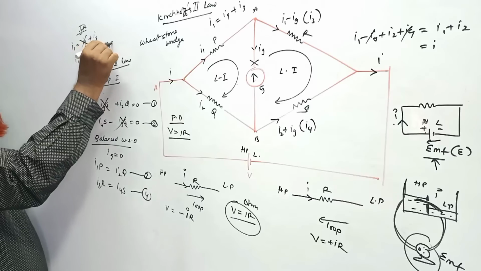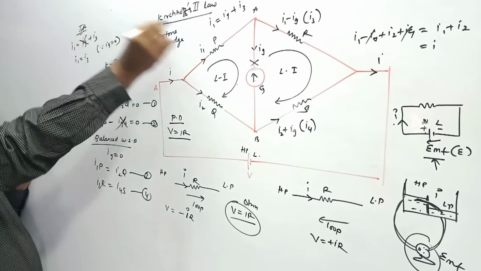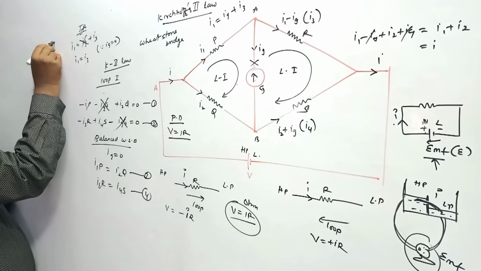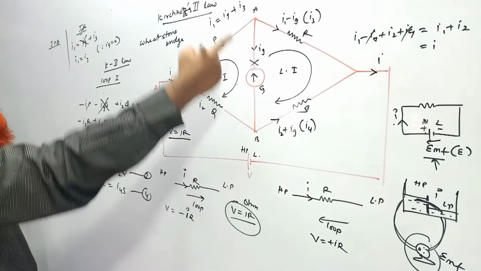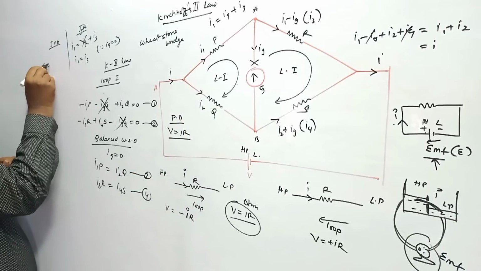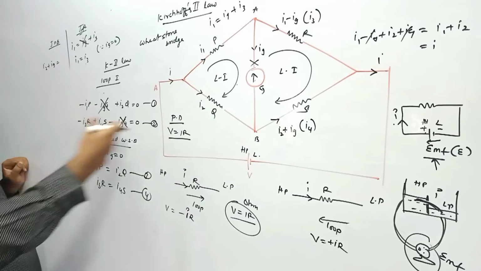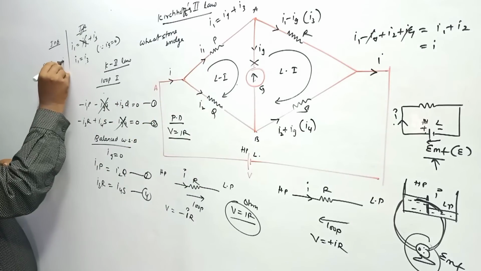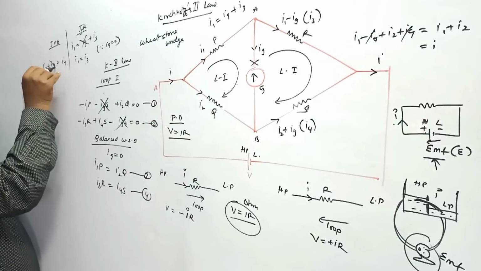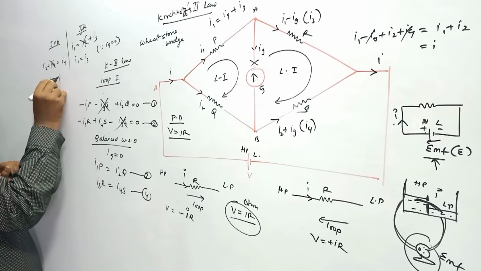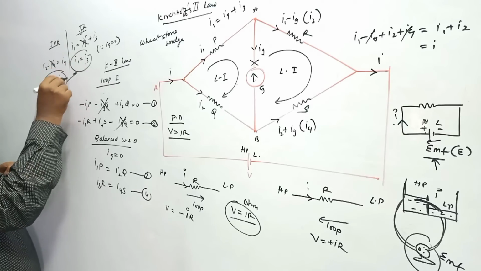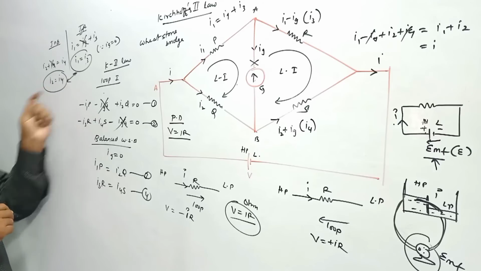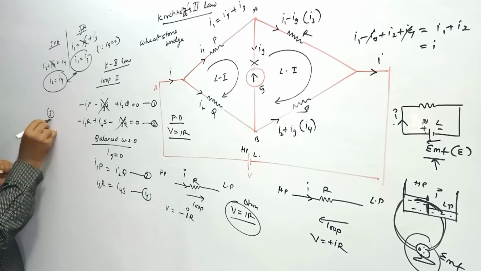Since Ig is 0. Next let us consider the junction B. At junction B, what is happening? I2 plus Ig are meeting, and what is leaving? I4 is leaving. Therefore, Ig is 0, I2 is equal to I4. So these are the two equations which should be remembered: I1 equal to I3, I2 equal to I4. Next you take 3 by 4.